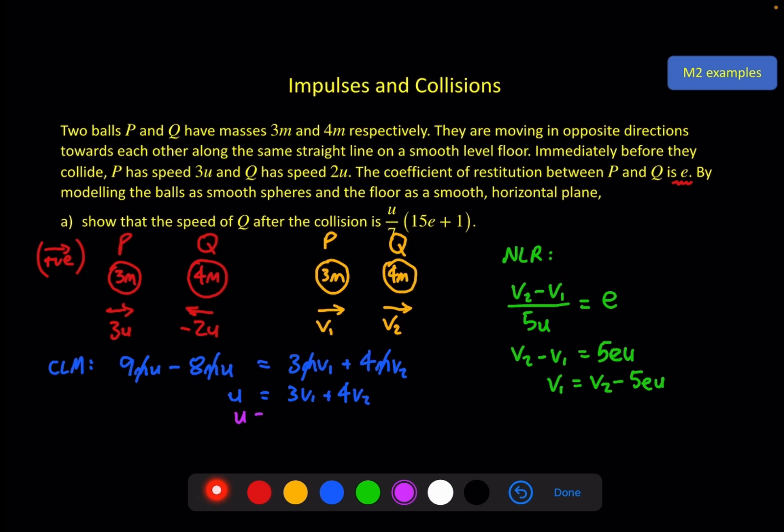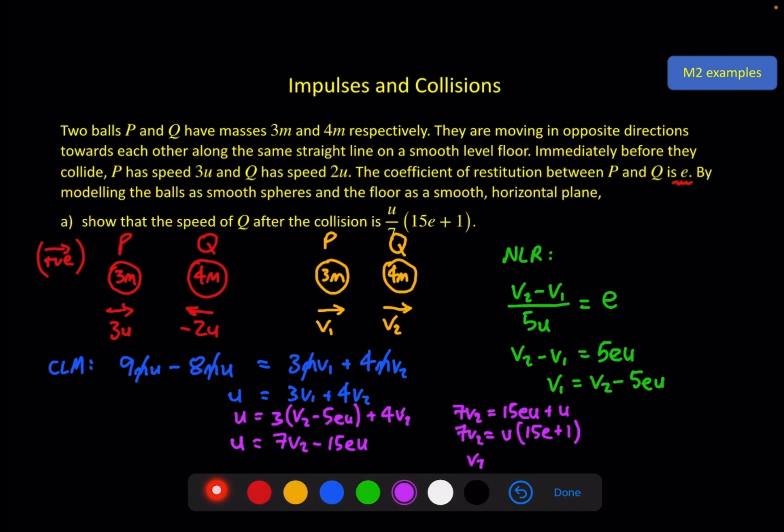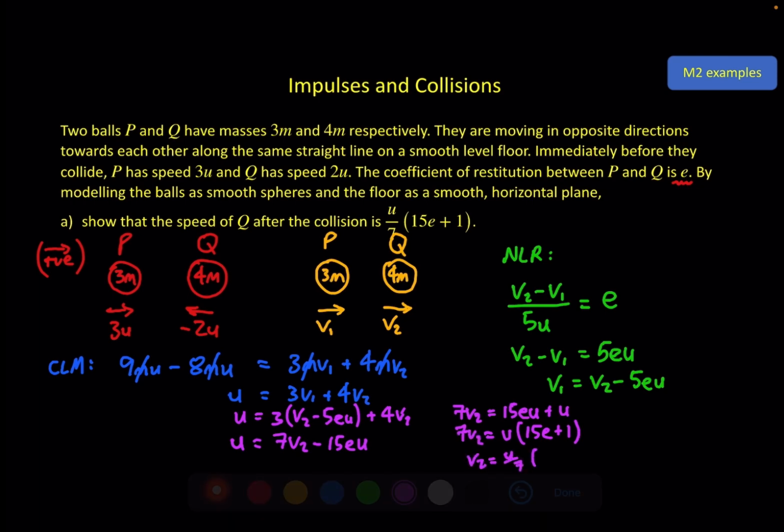So we've got u is equal to 3 times v1, which we now know is v2 minus 5eu, plus 4v2. 3v2 and 4v2, 7v2, minus 15eu, that equals u. Rearranging that, we get 7v2 is equal to 15eu plus u, factorize out the u, 15e plus 1, and of course divide by the 7, and we get our final answer.